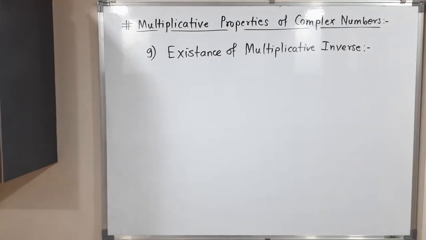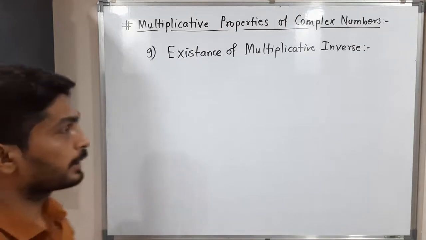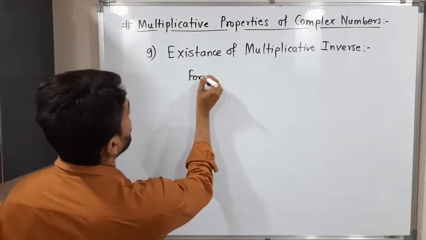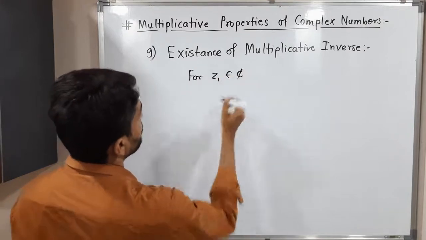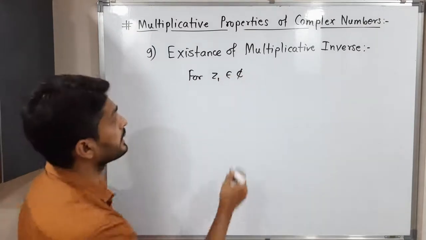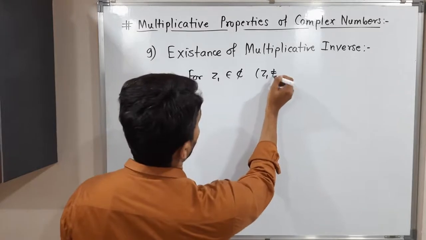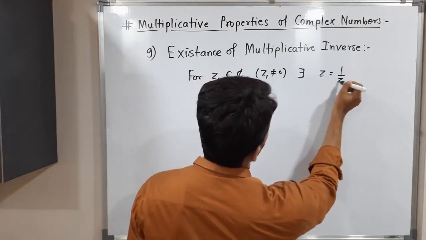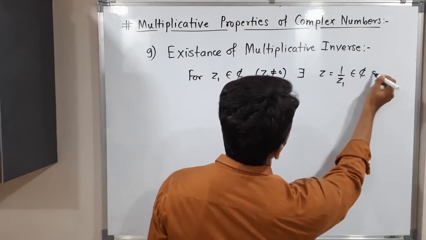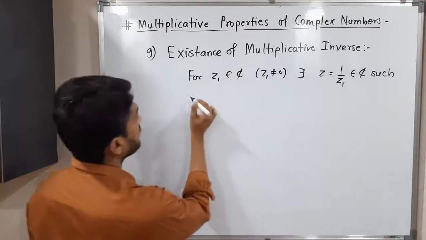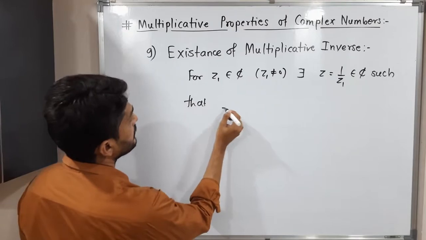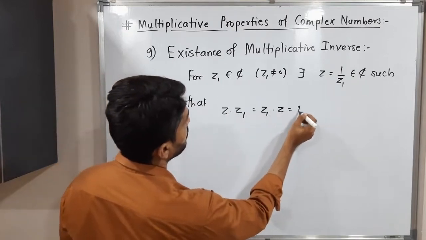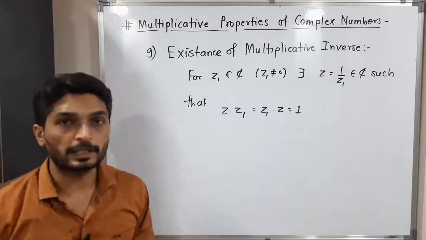So the next property is existence of multiplicative inverse. This property says that if you have any complex number z1 other than 0, I should mention here z1 is not equal to 0, there exists z equal to 1 by z1 belongs to C such that z into z1 or z1 into z is equal to 1. 1 means the multiplicative identity.